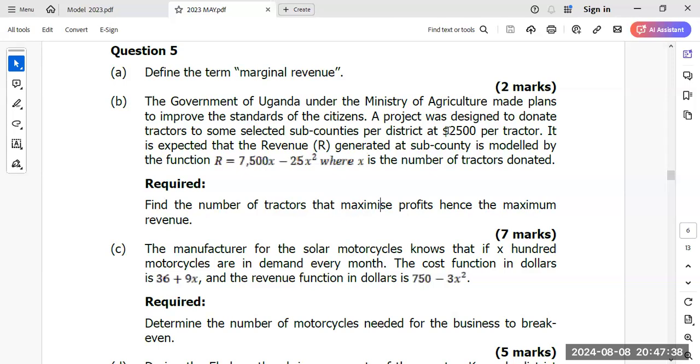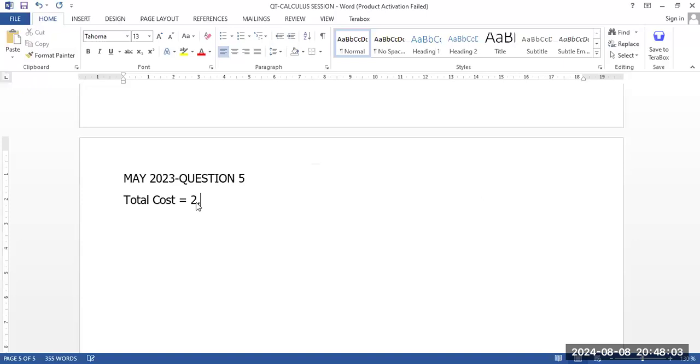So to get total cost, colleagues, you take this figure and multiply by the number of tractors, because this is just the cost per tractor, and we need total cost. So this will be 2,500x. That is your total cost function.